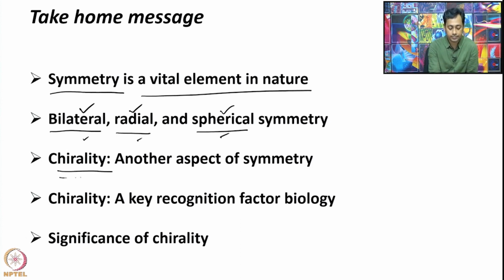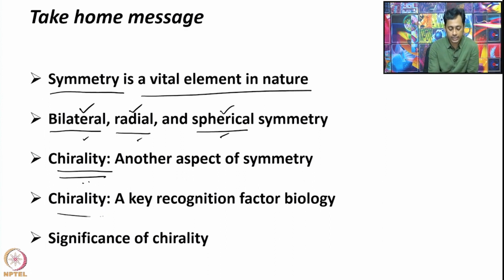We find chirality, one very important aspect of symmetry, where we have a mirror image of a system which is not superimposable on the original one. So, that is known as chirality.